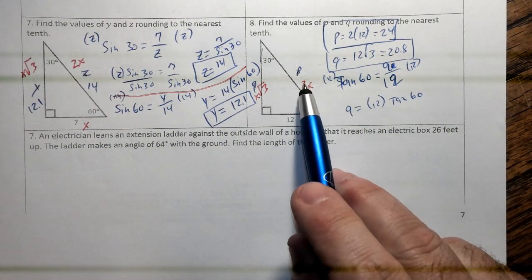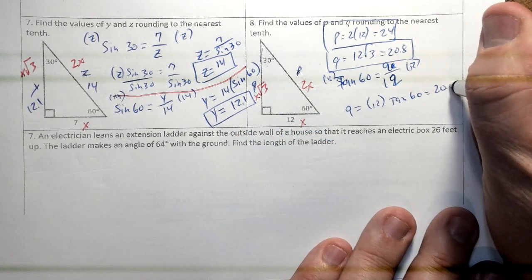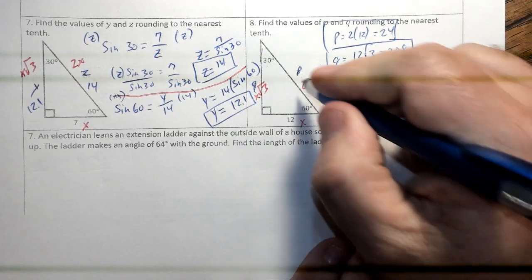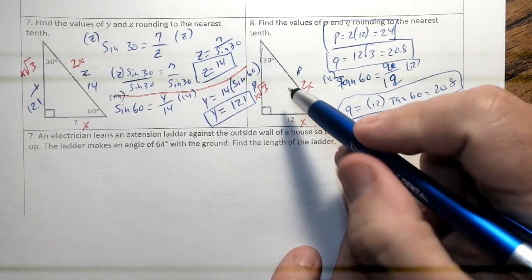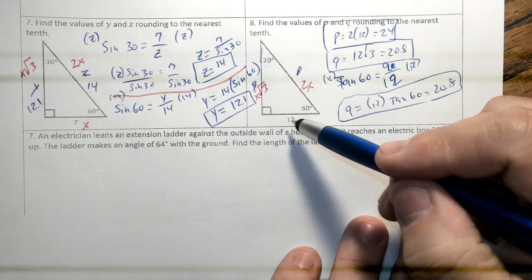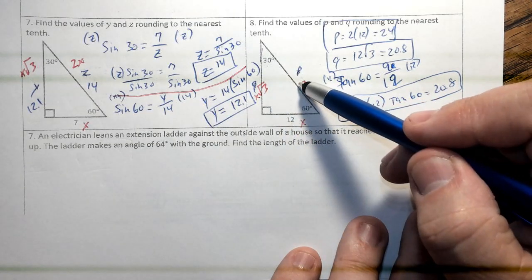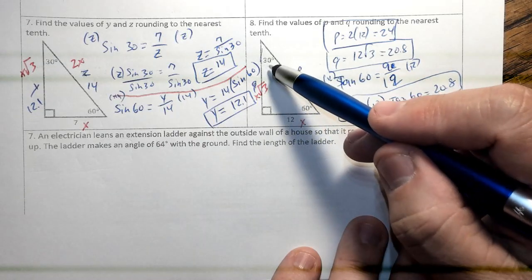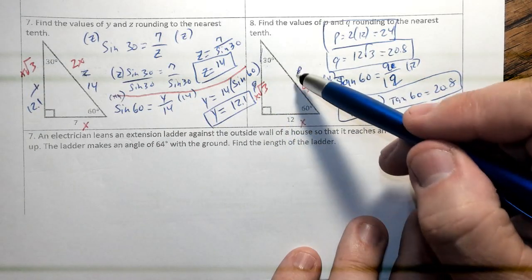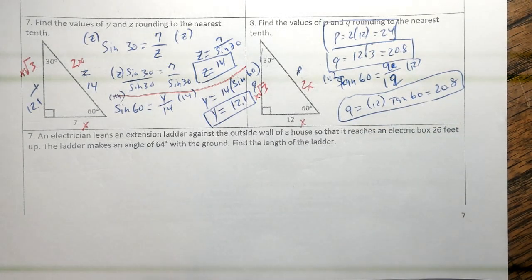And then over here, the hypotenuse, for P, that's going to be on the bottom either way. It would be opposite over hypotenuse, so sine 30 equals 12 over P. You end up with P is going to equal, oh, wait a minute.